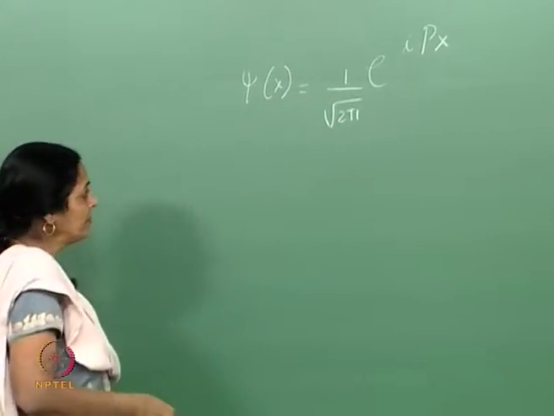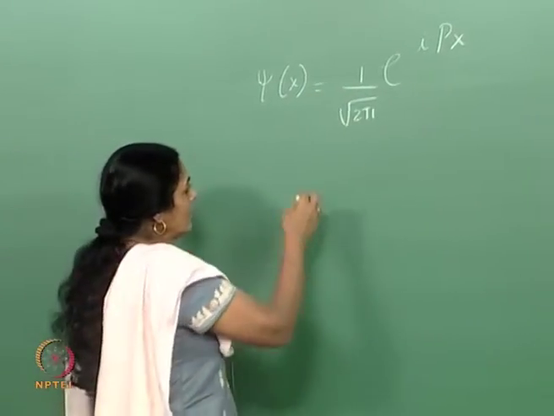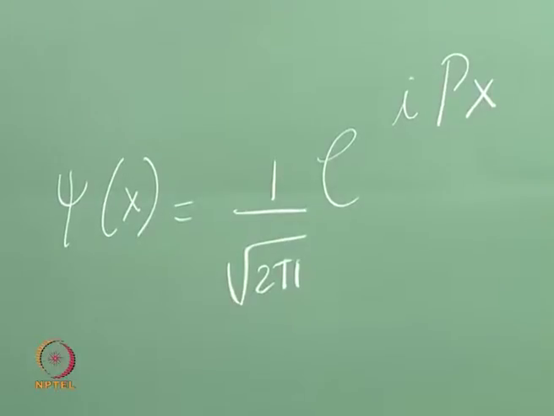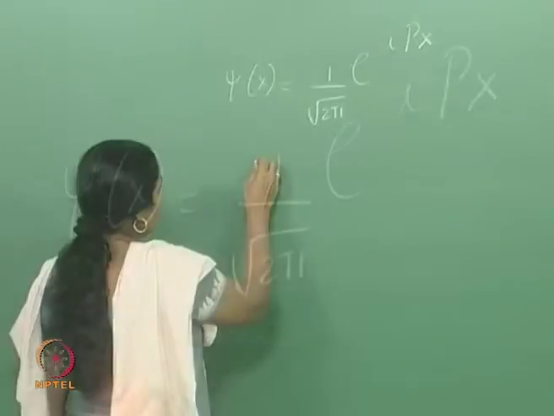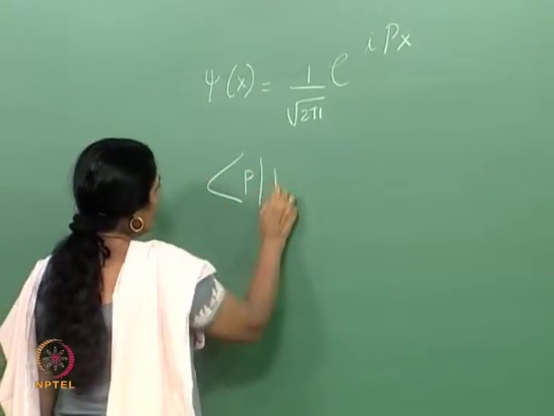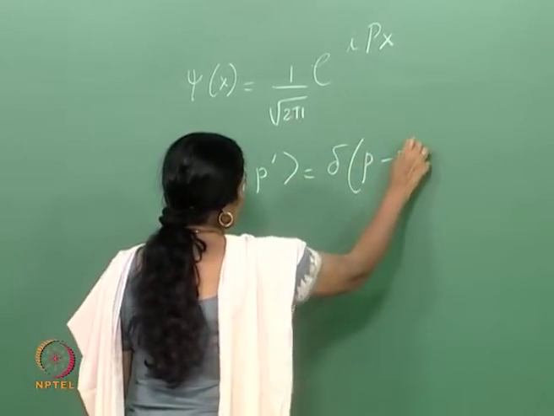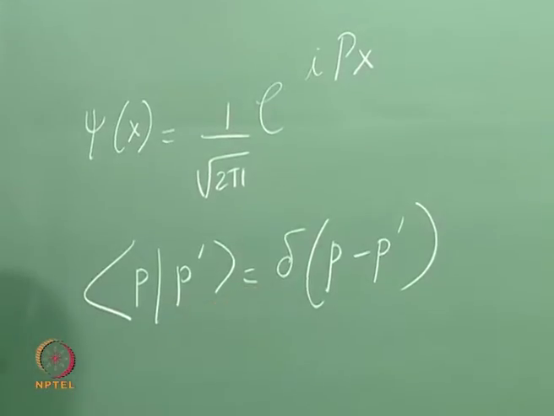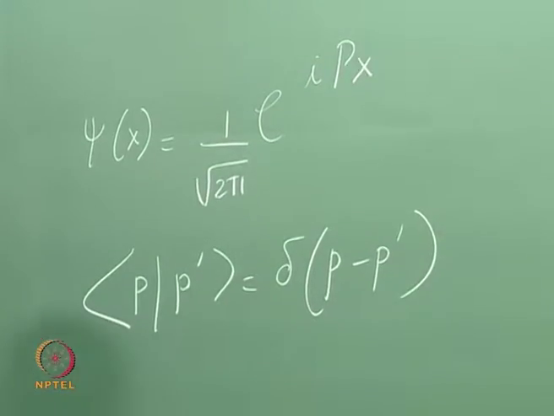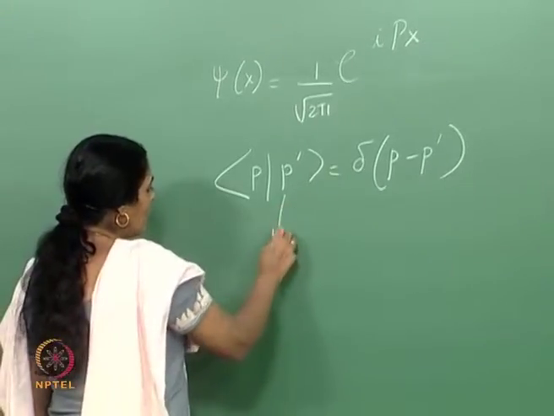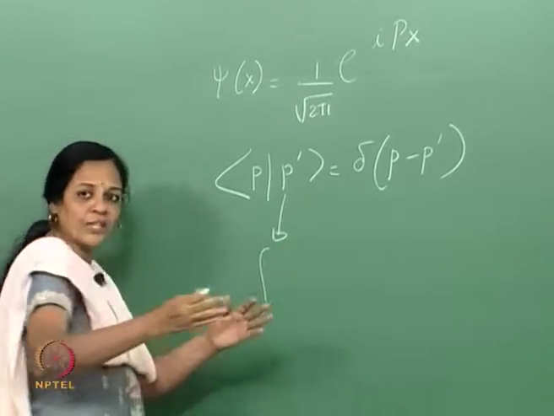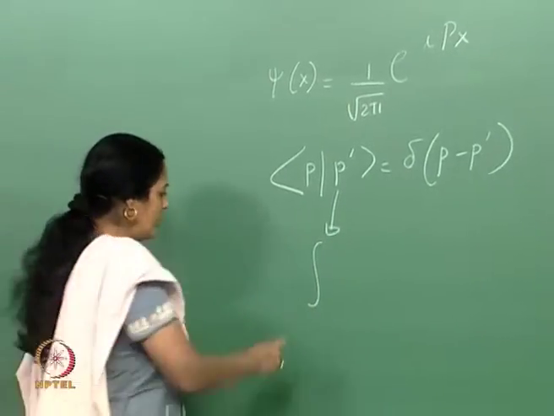Consider this. There is a simple way of understanding this. We know the following. This object is delta(p minus p prime), but of course I can always write this. Suppose I were working from minus infinity to infinity.